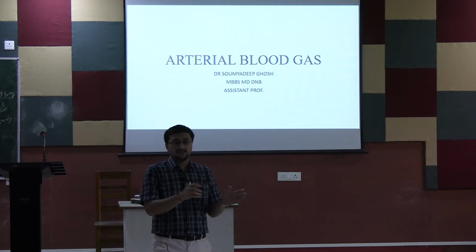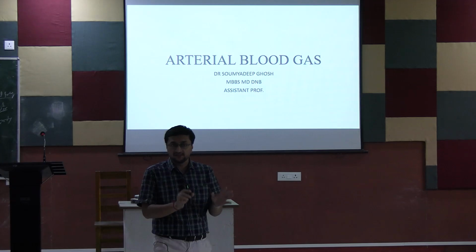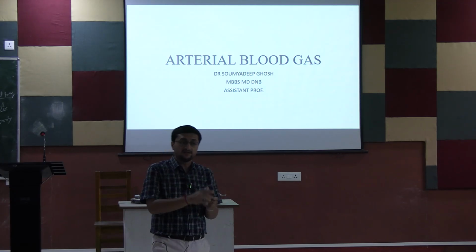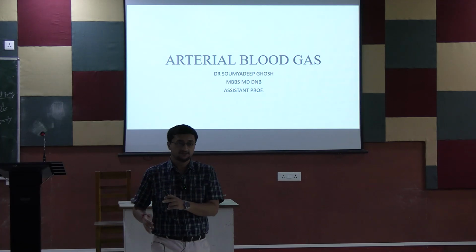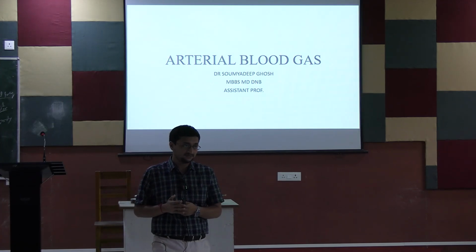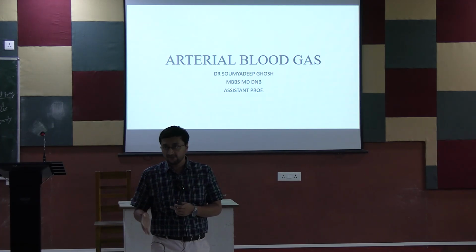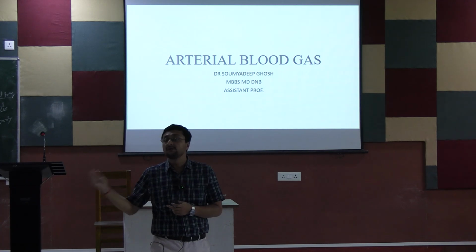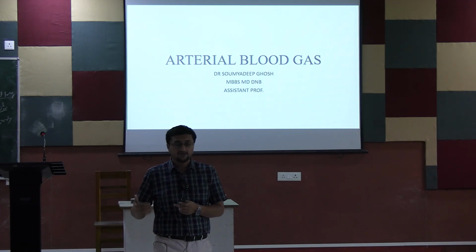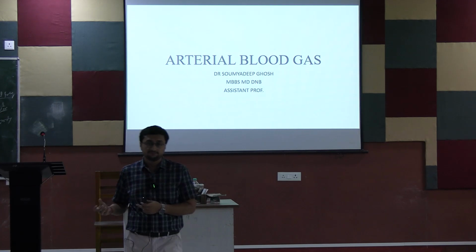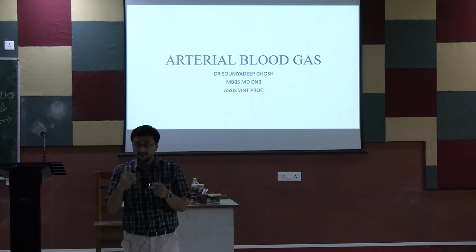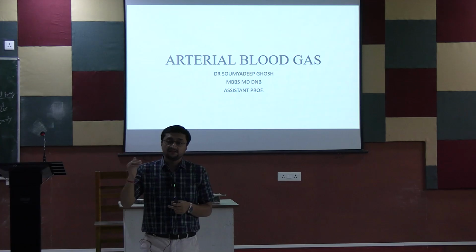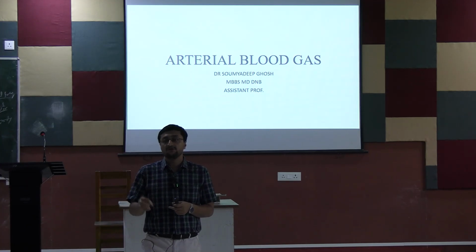As I have already mentioned, this is ABG, arterial. Side by side, there is also another blood gas estimation, that is VBG, venous blood gas estimation. But we prefer ABG over VBG. Why? Because in venous blood, there is a slightly increased carbon dioxide concentration, right?